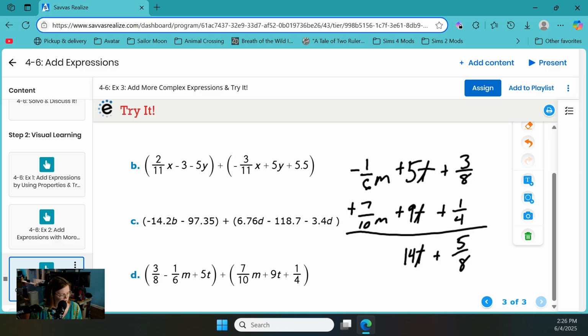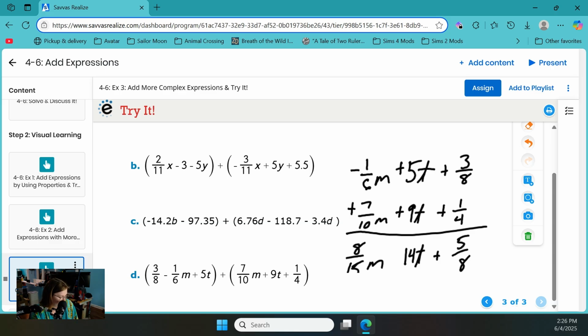And then negative 1/6 plus 7/10. So let's write that in our calculator. Negative 1/6 plus 7/10 would be positive 8/15 m. My 15 got kind of cut off there.